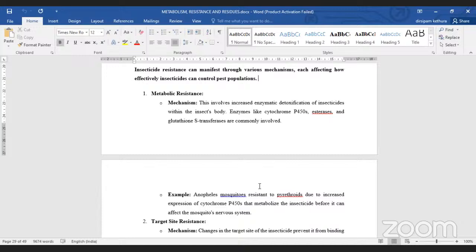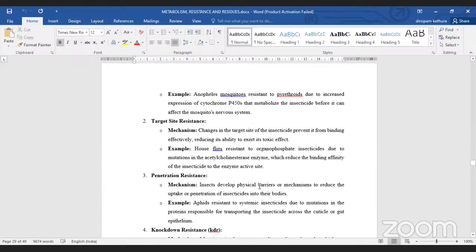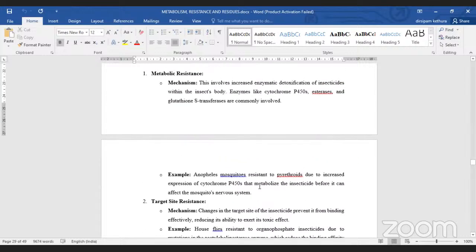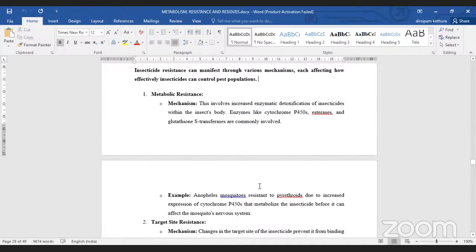The major mechanisms of resistance include the first one, metabolic resistance, second one, target site resistance, third one, penetration resistance, and fourth one, knockdown resistance, altered site resistance, etc. Now, coming to metabolic resistance, this involves increased enzymatic detoxification of insecticides within the insect body.